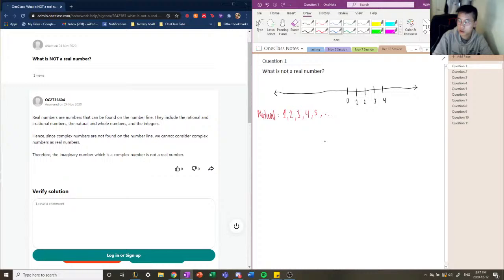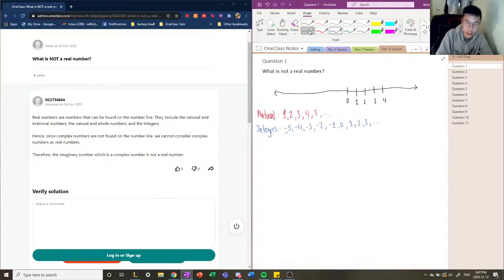The next category of numbers is called the integers. These numbers are like the natural numbers, except that they include the negative realm of the real number line. So we could have -5, -4, -3, -2, -1, 0, 1, 2, and so on, and this goes this way too.